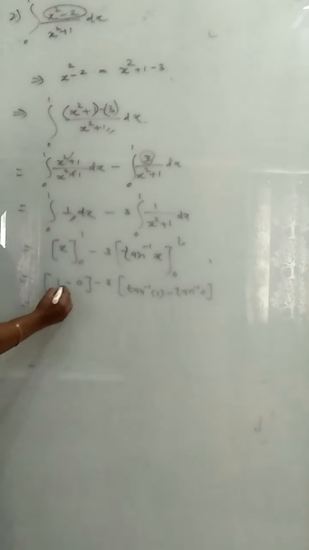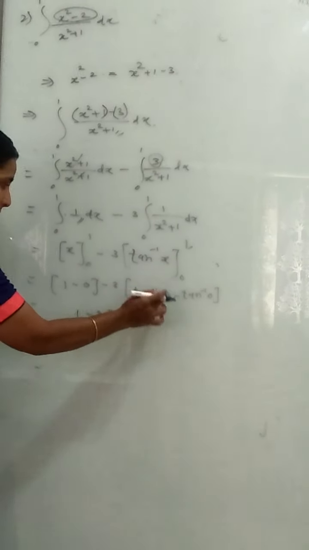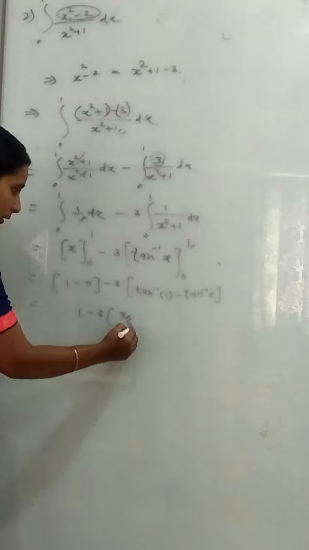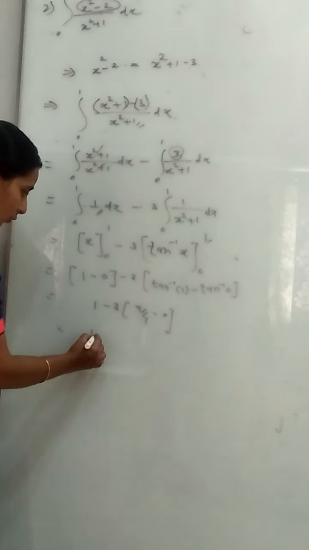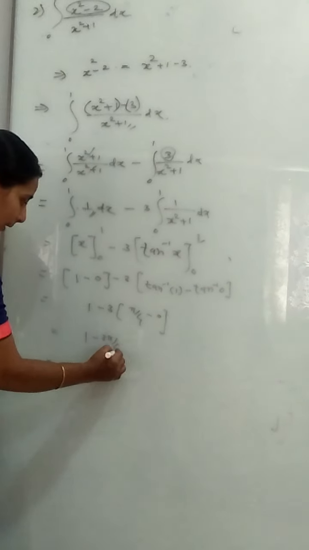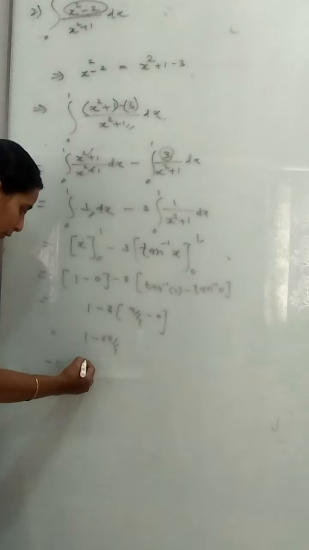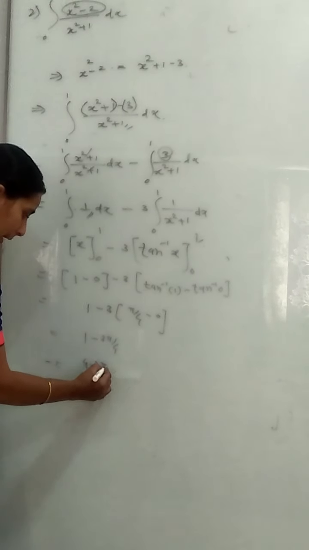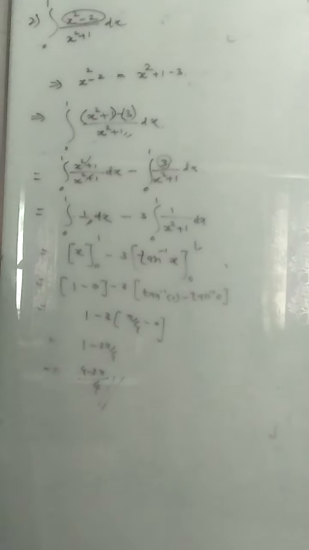Substituting all the terms, 1 minus 0 is 1 as it is, minus 3 times tan inverse of 1, which is pi by 4, minus tan inverse 0, which is 0. Simplify this term: 1 minus 3 pi by 4, minus 0 is not considered. Therefore 4 minus 3 pi divided by 4 is the answer of the given example. Write down this example in your notebook.